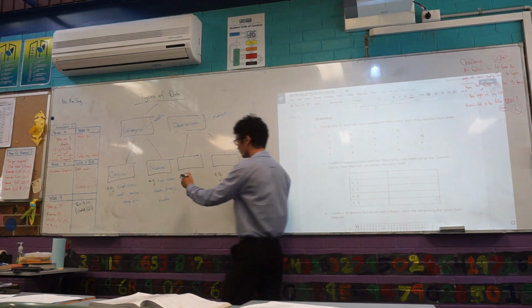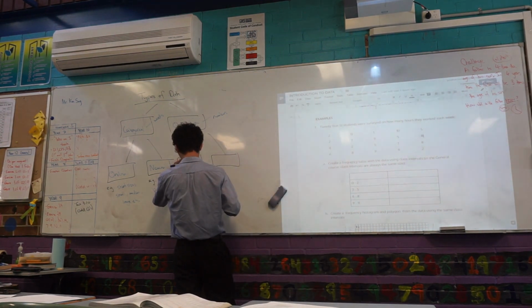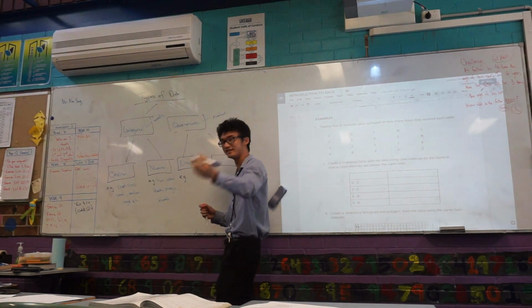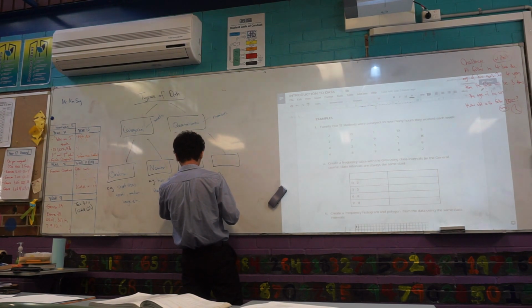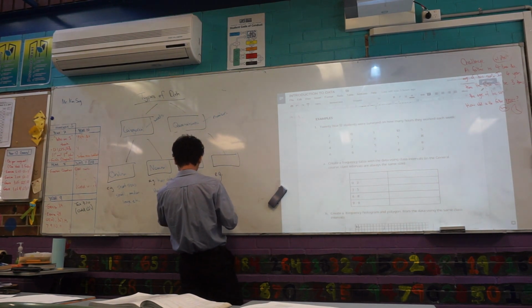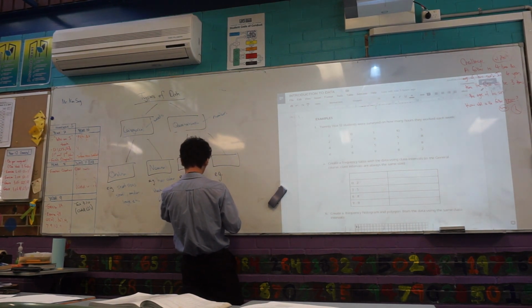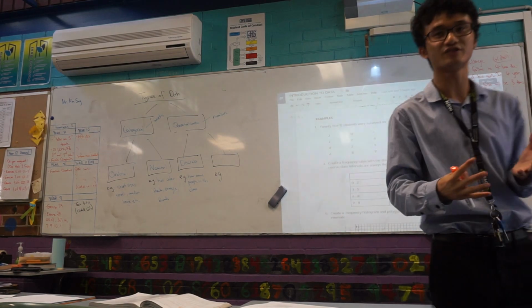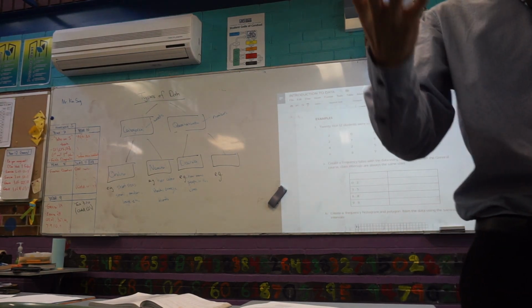So we call this type of data discrete. For example, how many people in this class? This type of data needs to be whole numbers.